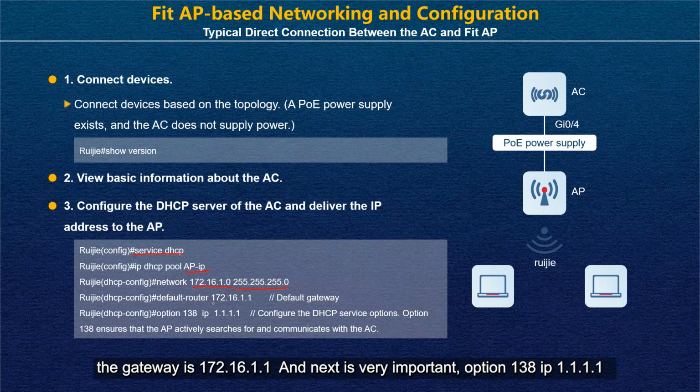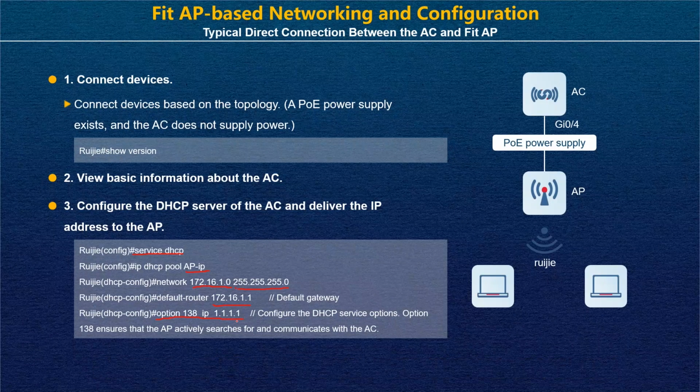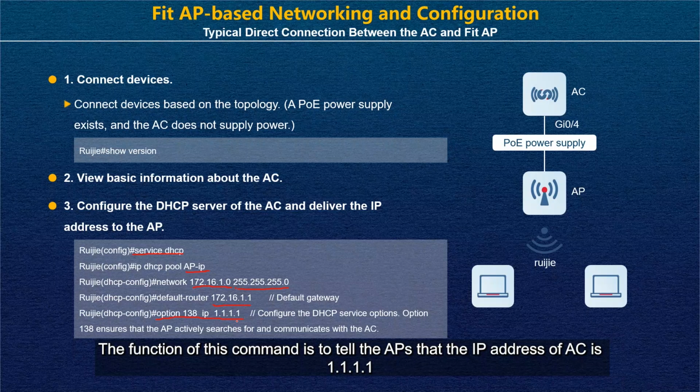The gateway is 172.16.1.1. And the next is very important, option 138 ip 1.1.1.1. The function of this command is to tell the APs that the IP address of AC is 1.1.1.1.